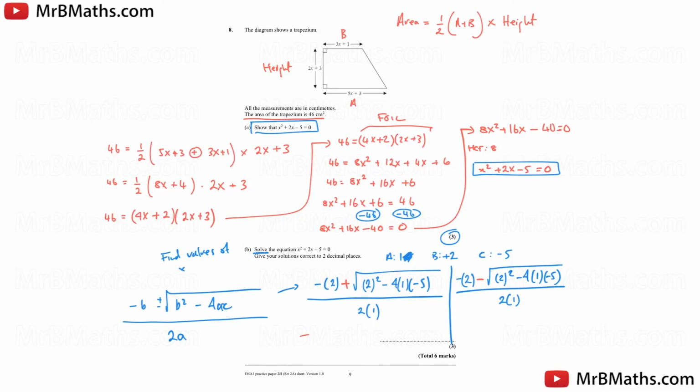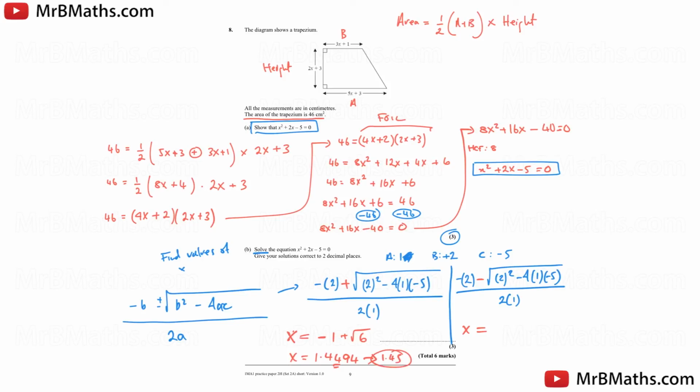So doing that, you should get x equals minus 1 plus root 6, which to 2 decimal places would be x equals 1.4494, which to 2 decimal places would be 1.45.